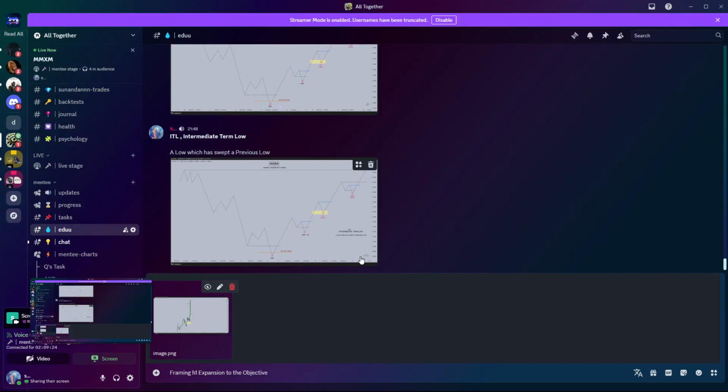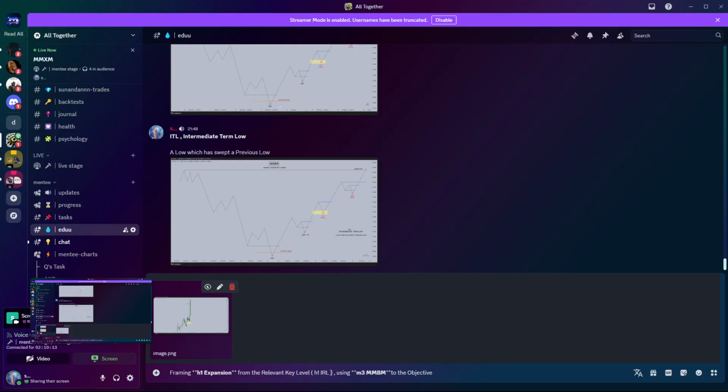Objective using M3 MMBM from relevant key level, which is that key level H1 IRL.